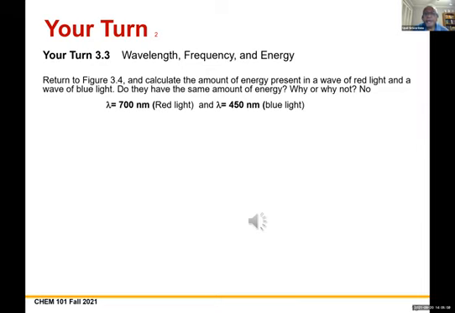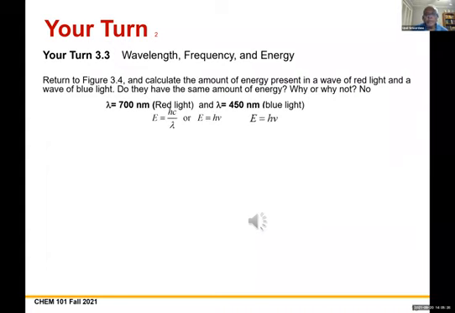Calculate the amount of energy present in the wavelength of red light and blue light. Do they have the same amount of energy? Why or why not? They don't have the same energy, so we're going to prove that. Red light has 700 nanometers, 450 for blue light.